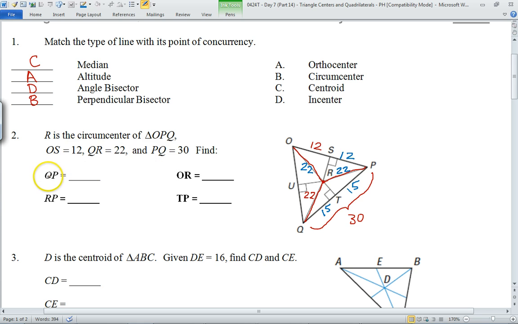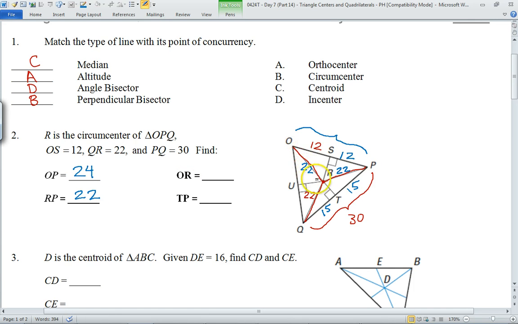We're supposed to find segment OP. Okay, well, segment OP is right here. That's 24. We're supposed to find segment RP. RP is right there. It's 22. We're supposed to find OR.